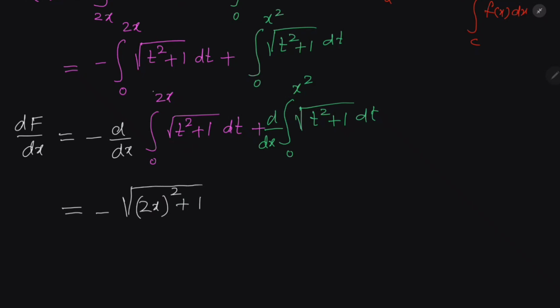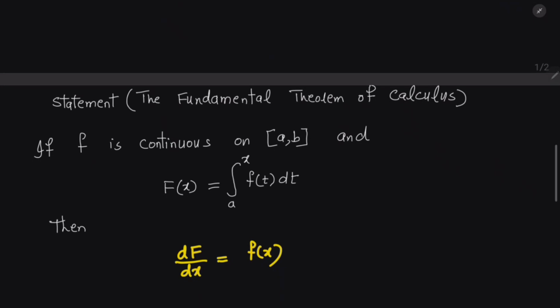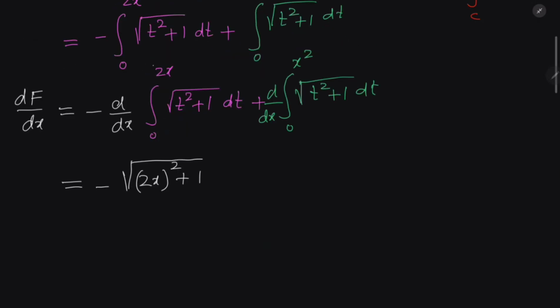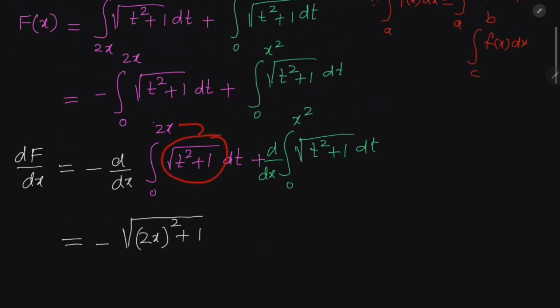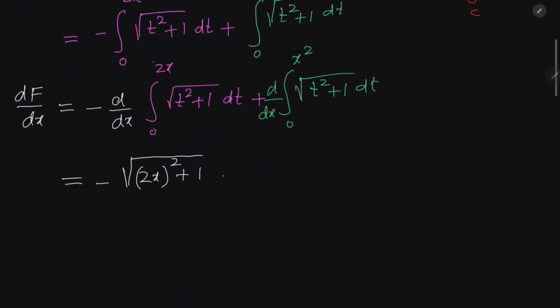As you can see, according to this theorem, we just have to replace this t with the upper limit, so we replace the function with the upper limit 2x. Plus, for the other definite integral, we have square root of x square plus 1.